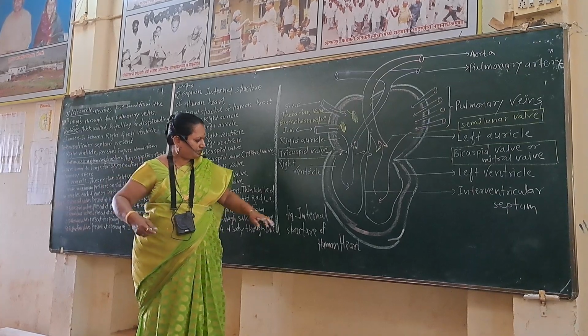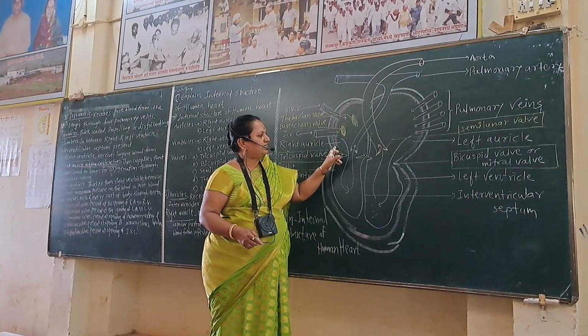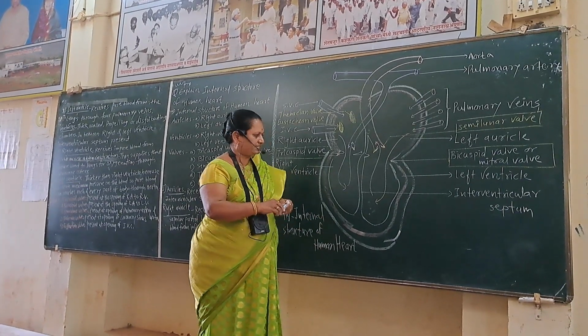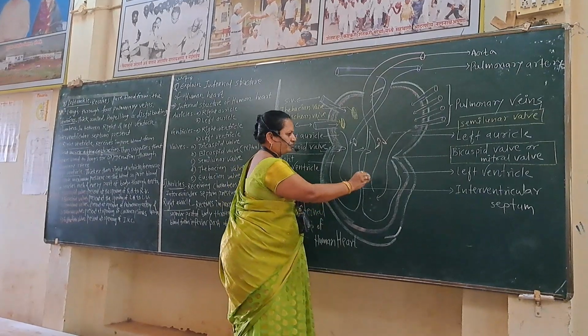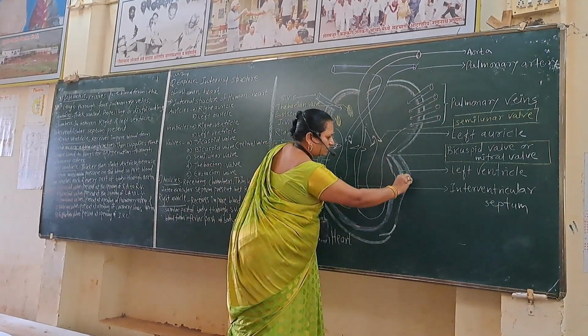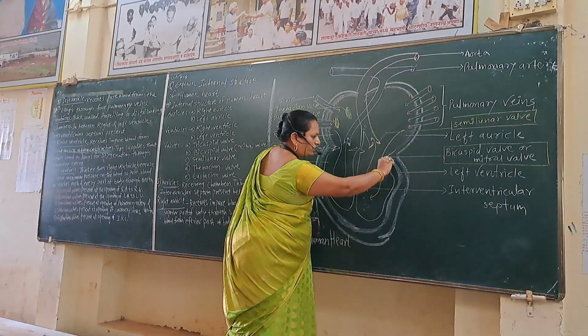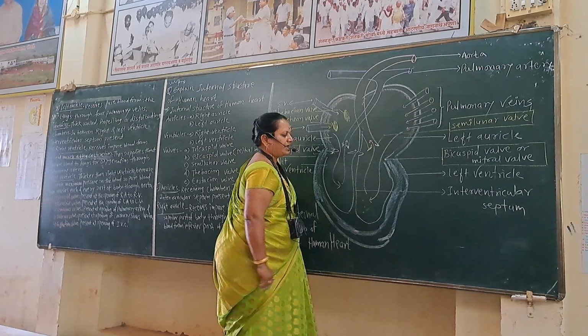Look here. Internal structure of the human heart shows thin-walled auricles and thick-walled ventricles. The wall of the heart shows variation in thickness. The left ventricle is thicker than the right ventricle. Why? What is the reason behind it?